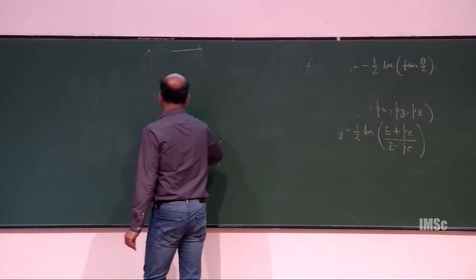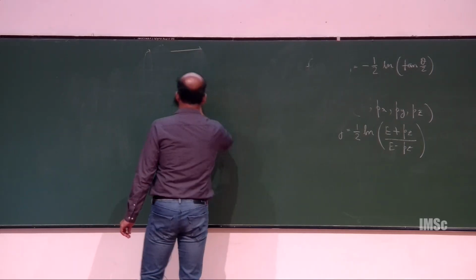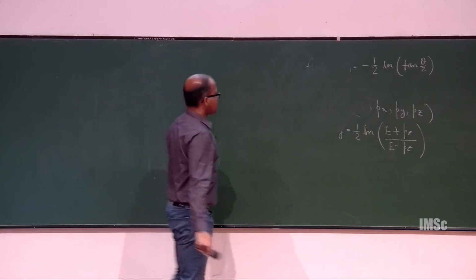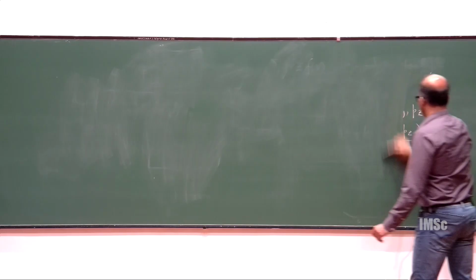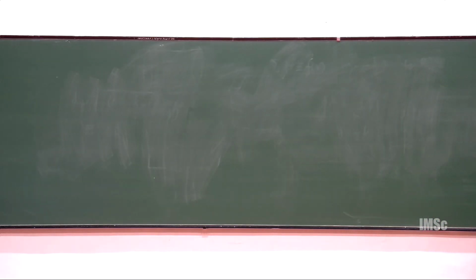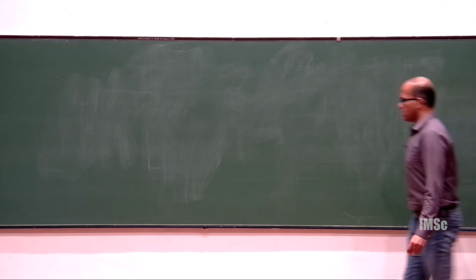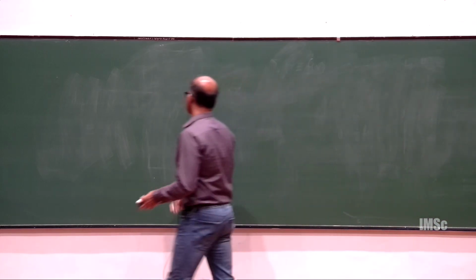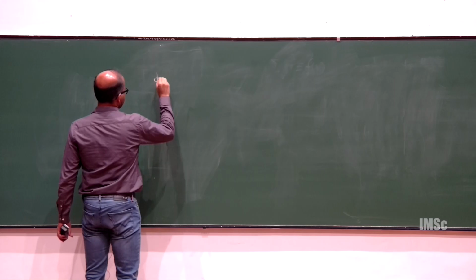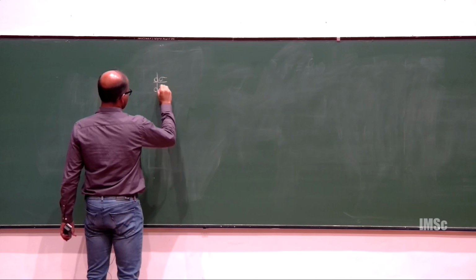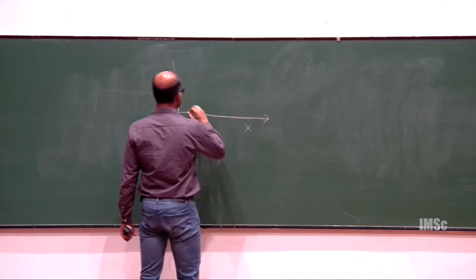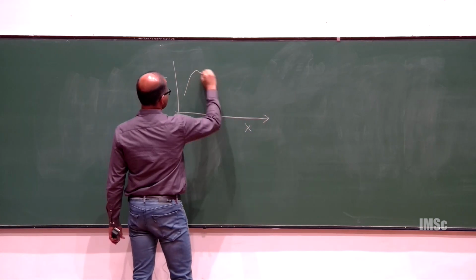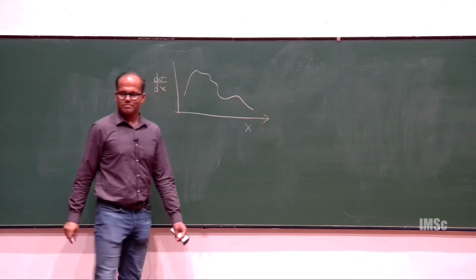Let's say you're measuring an observable X. Typically, you end up measuring some differential cross section in the bins of X. So I have a quantity like d sigma dX as a function of X, and in the bins of X I have some histogram, some distribution.